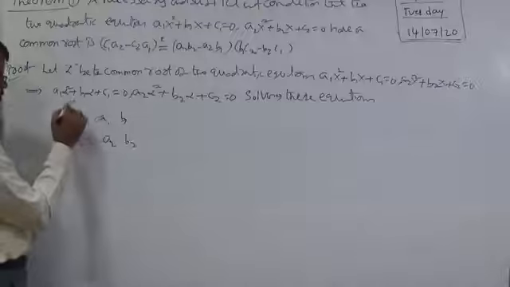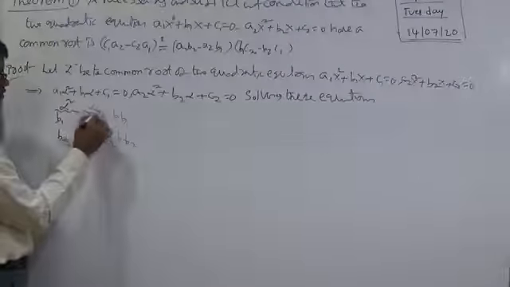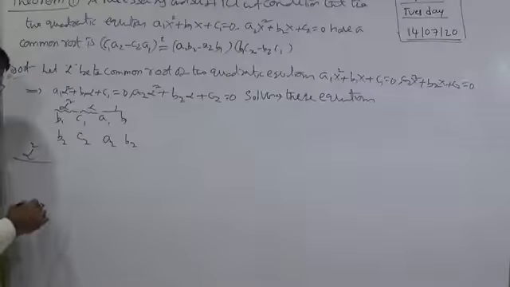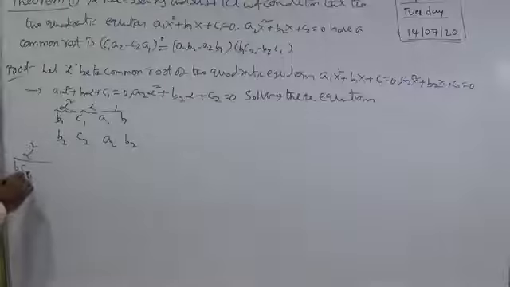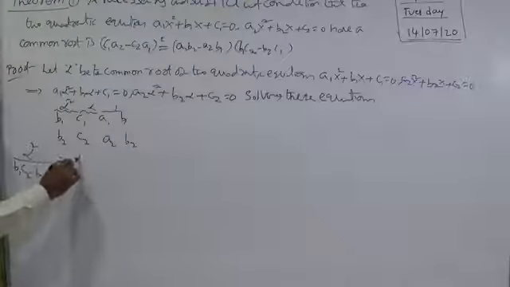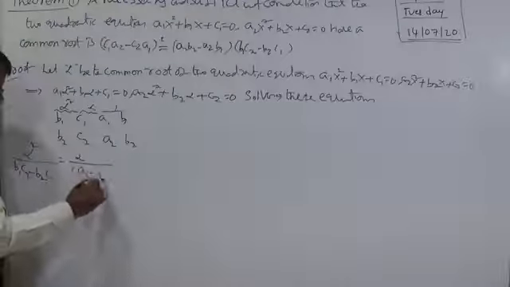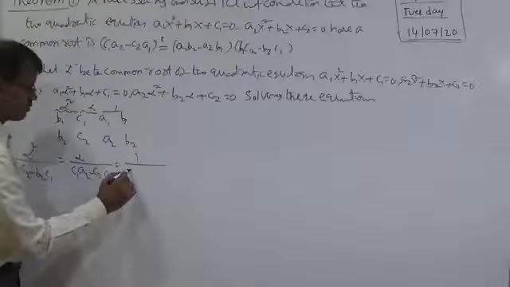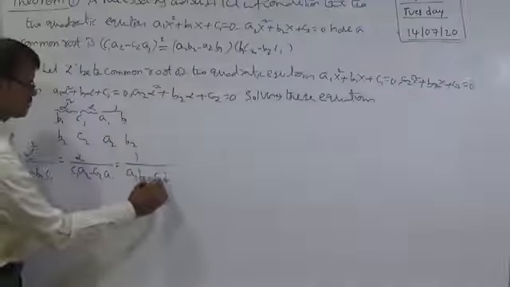This is for alpha square, this is for alpha and this is for 1. You can write alpha square by b1 c2 minus b2 c1 is equal to alpha by c1 a2 minus c2 a1 is equal to 1 by a1 b2 minus a2 b1.